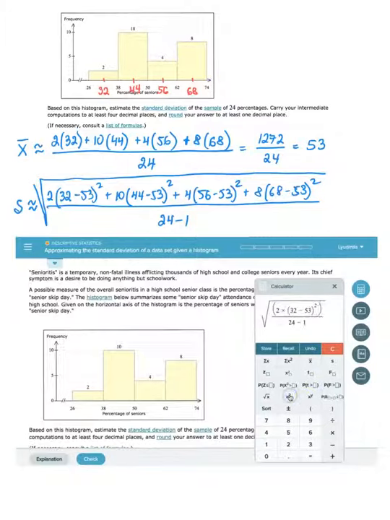So 2 times another set of parentheses, 32 minus 53 must be squared, plus 10 times another set of parentheses, 44 minus 53, which must be squared, plus continue like that. I'm typing 2 more expressions that will be added in the numerator.